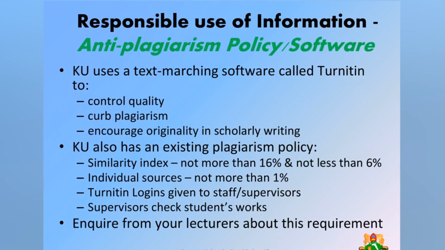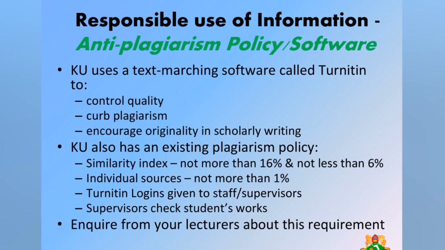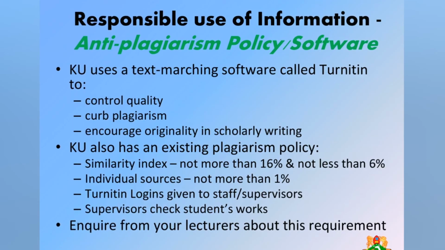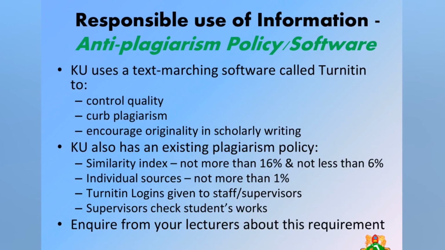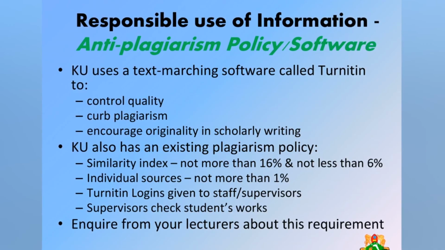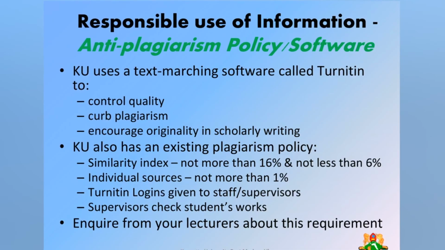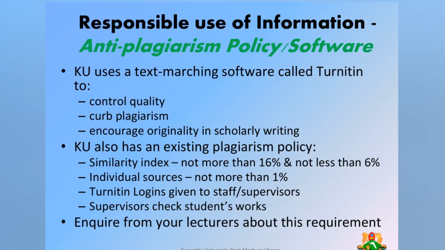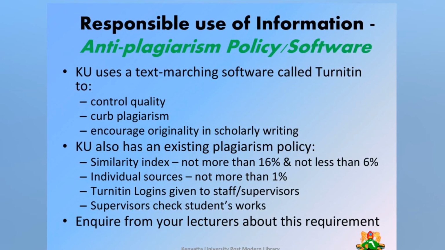KU also has an existing plagiarism policy, and we have highlighted a few of the very important points you need to remember. The similarity index should be not more than 16% and not less than 6%. Individual sources should also not be more than 1%. So all of them are supposed to be 1% or less.